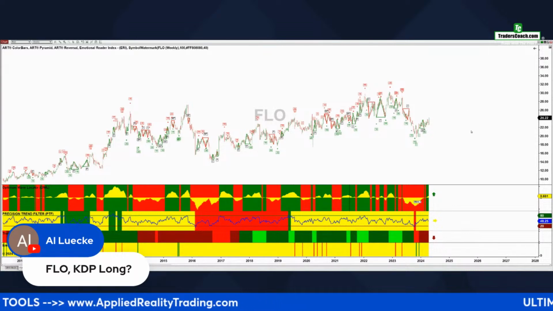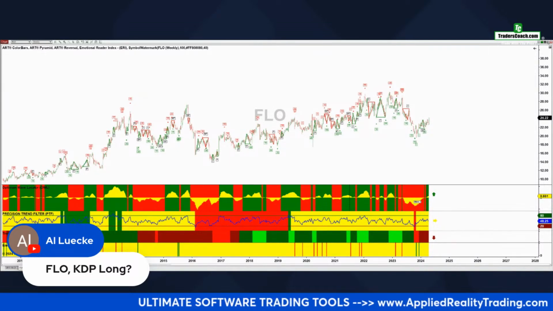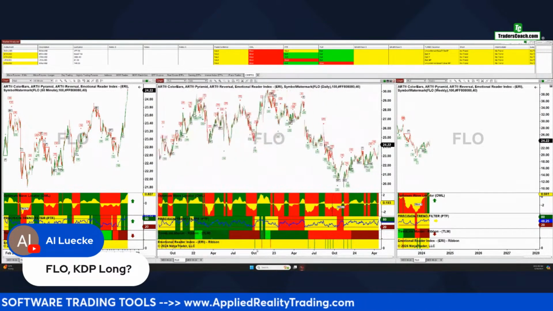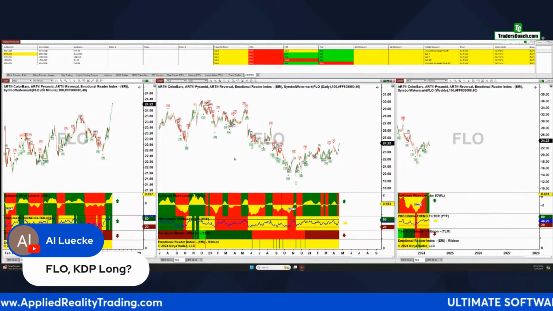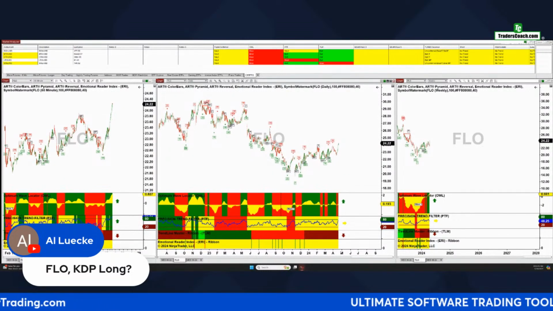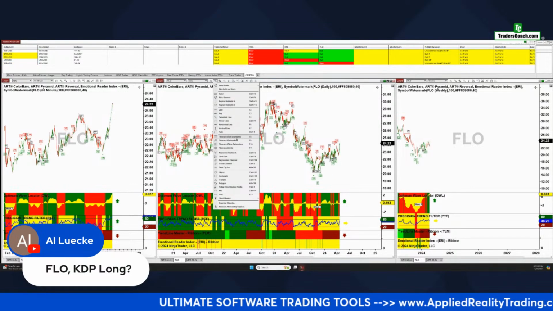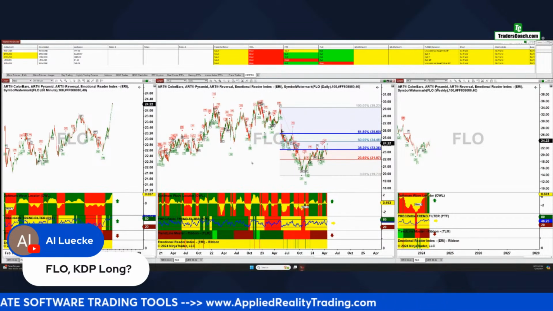All right, so let's see what we've got cooking here. Highest high is here. We've got bearish divergence, possible end of a trend up here. Are we going to take that high out? All right. I am thinking here that for short term, we're probably already in a target area.